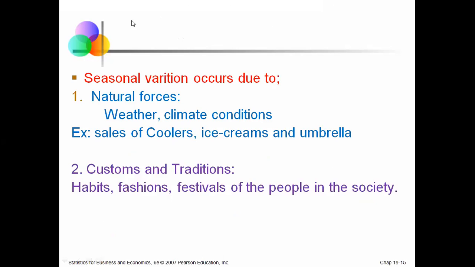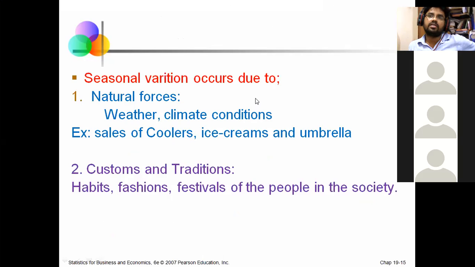So as I told you, what are the main reasons for seasonal variation? First one is the natural forces, for example, weather conditions, the climate conditions. Sales of coolers. For example, if the weather is too hot, most of the coolers will be sold.